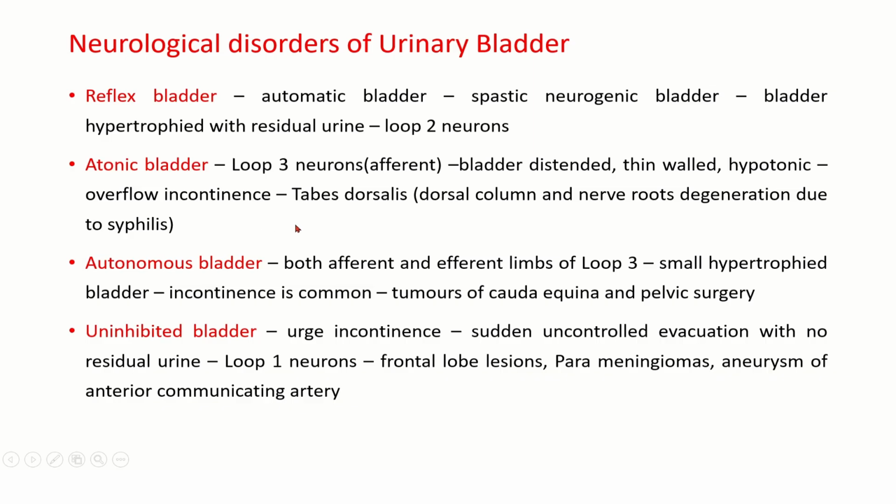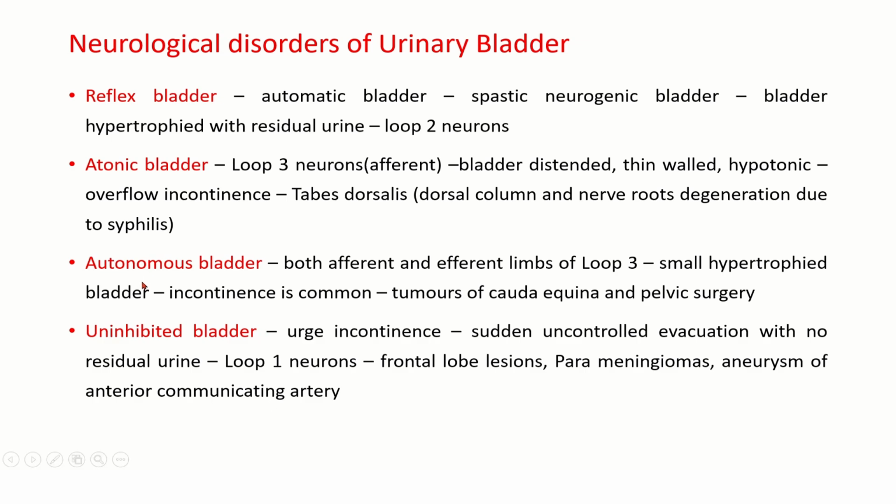This is observed in certain conditions like tabes dorsalis, due to dorsal column and nerve root degeneration due to syphilis. The parasympathetic sensory fibers, which carry the sense of distension, are damaged. So the person cannot feel that the bladder is distended, the bladder keeps on distending and there will be overflow incontinence.